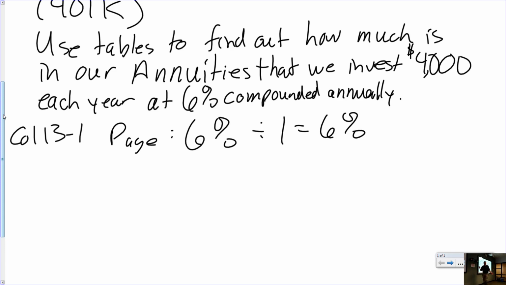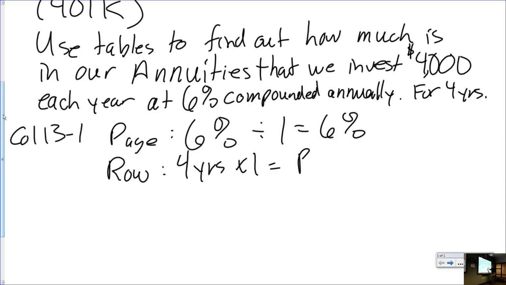So we're going to be on the 6% page, right? The row that we're going to look on, again, we're going to do it exactly the same way we did Chapter 12. We're going to say, for 4 years, because that's what we did in the last problem. So we're going to do 4 years times 1 period per year.